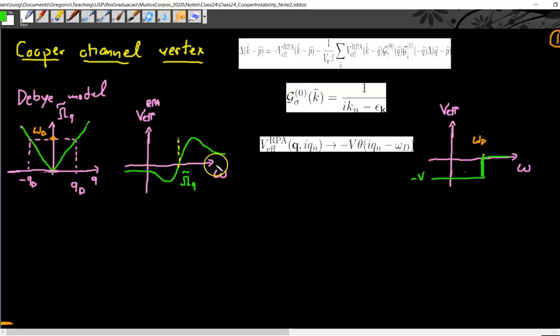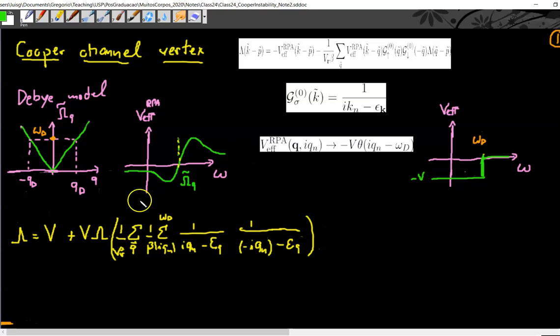These will be screened and essentially renormalized, becoming just a Fermi liquid contribution, which will be the same old metal as it always was. I'm really interested in this transition here and what happens when this becomes attractive. So this rather simple model captures that nicely. Okay, so let's keep going.